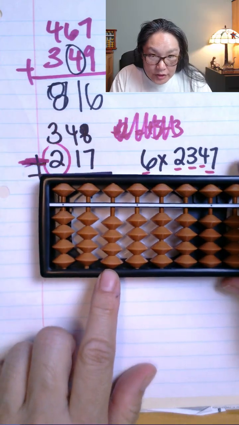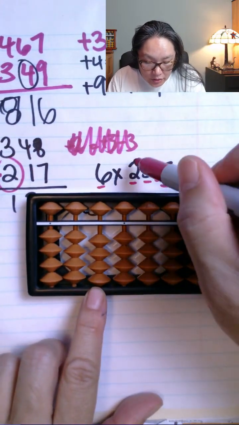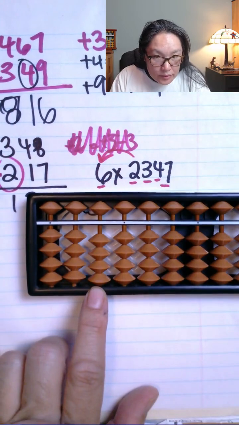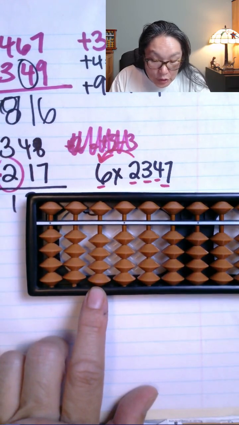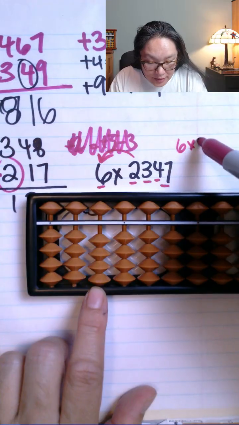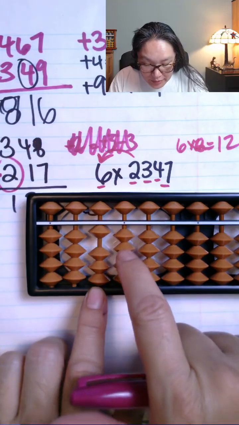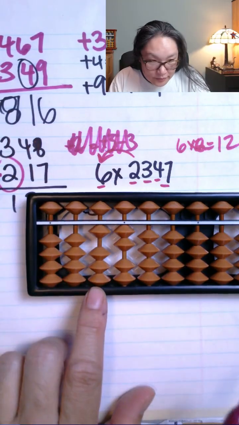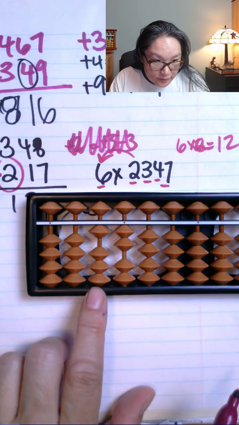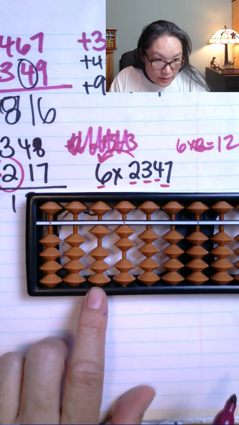The first thing we're going to do is 2 times 6. 2 times 6 is equal to 12. So I add my 1, I add my 2. I choose 6.